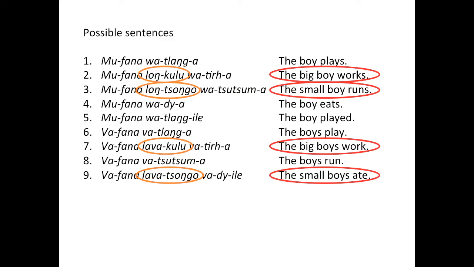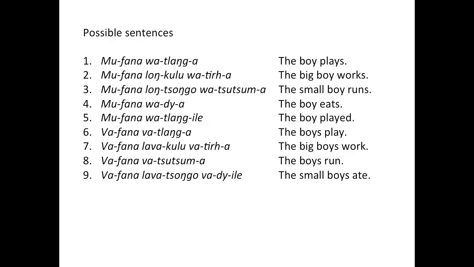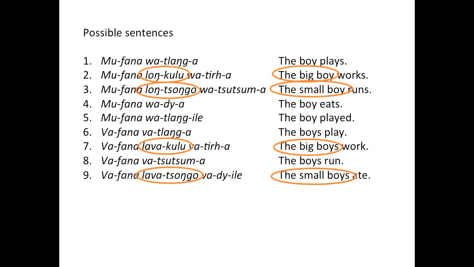Well, both kulu, big, and tsongo, small, have the same prefixes on them. So let's take another look at the translations to see what the difference is. Okay, the ones with long as a prefix on the adjective have a singular subject, the boy, whereas the ones with lava as a prefix have a plural subject, the boys.